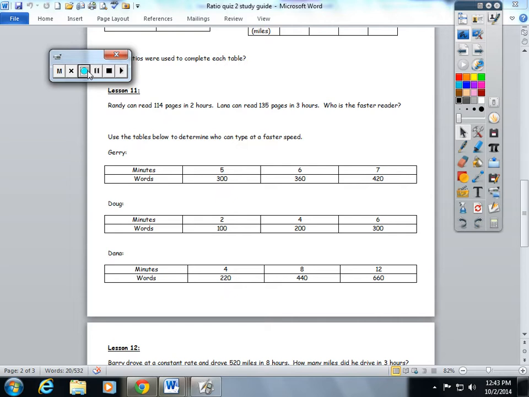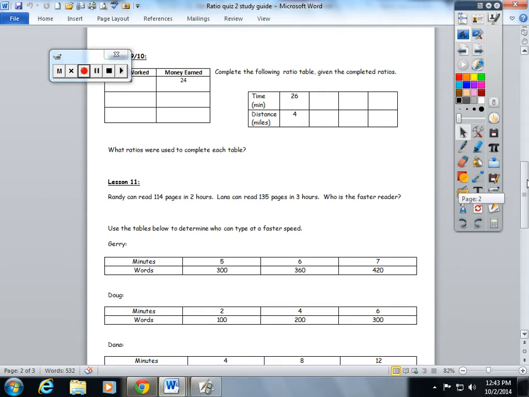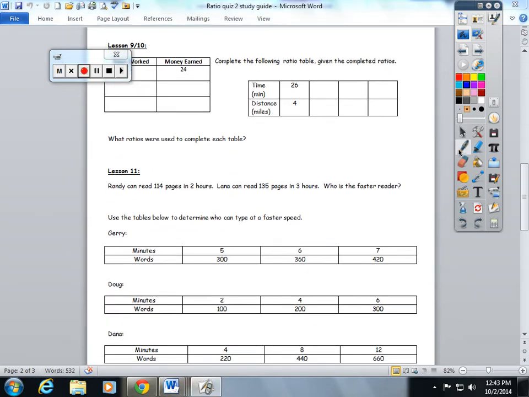Okay, for the first step of this, you should scale it down. So first you have to divide 114 by 2, which is 57. And then you make the 2 into 1.